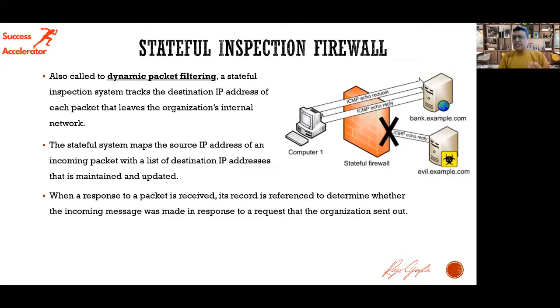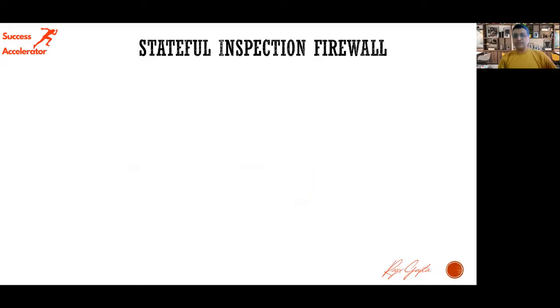Because the firewall will check in its register that no packet was sent earlier from inside the network to this server. And hence it will not find a matching transaction, a matching log. And that is why this particular packet will be blocked by the firewall. So this is how the stateful inspection firewall works. And this approach prevents any attack initiated and originated by the outsider.